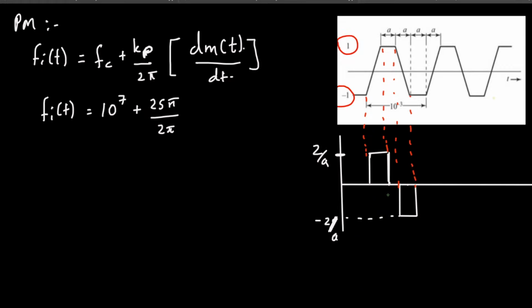Okay, so this is going to repeat again and again. So we just need to know what is the maximum, that is this, and what's the minimum, that is this. So once we found that, then we can find the minimum and maximum. So let's find the minimum first.